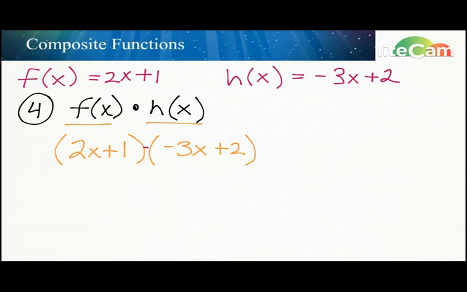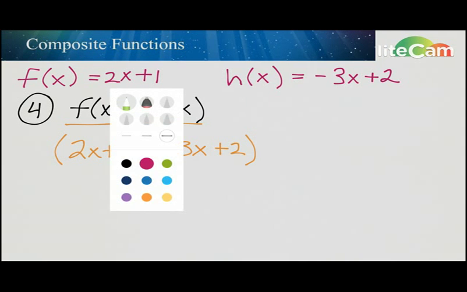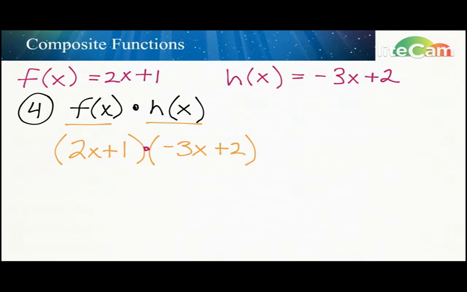So we're going to go back to Algebra 1 where you would FOIL two expressions. So 2x times negative 3x. Remember, I'm going to do the first and then the outer. Okay. So 2x times negative 3x is going to be negative 6x squared. 2x times 2 is 4x.